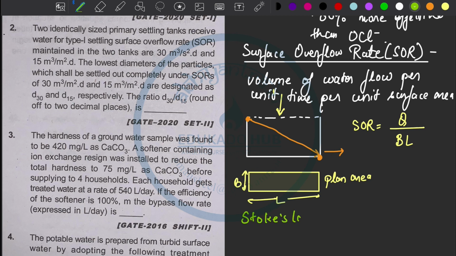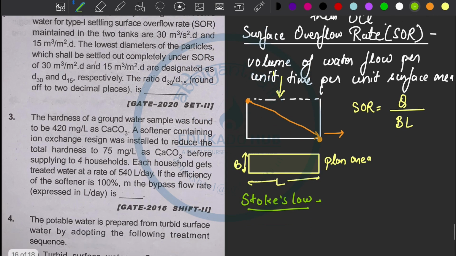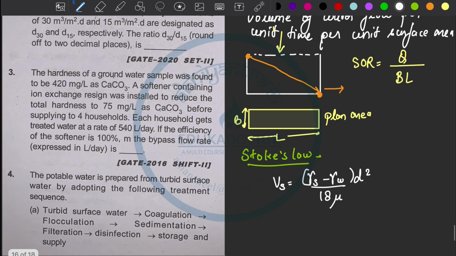Stokes law gives us the settling velocity, which is Vs equal to gamma S minus gamma W upon 18 mu into D square. This is the Stokes law. Okay.